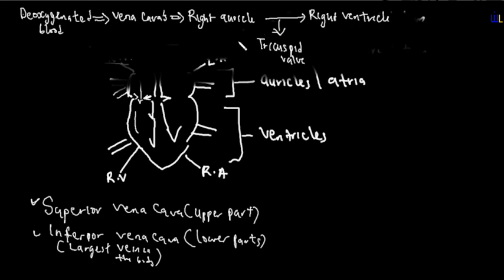You could put this down as a side note: the presence of any valve at all, whether it's tricuspid or bicuspid, is to prevent backflow of blood during contractions.